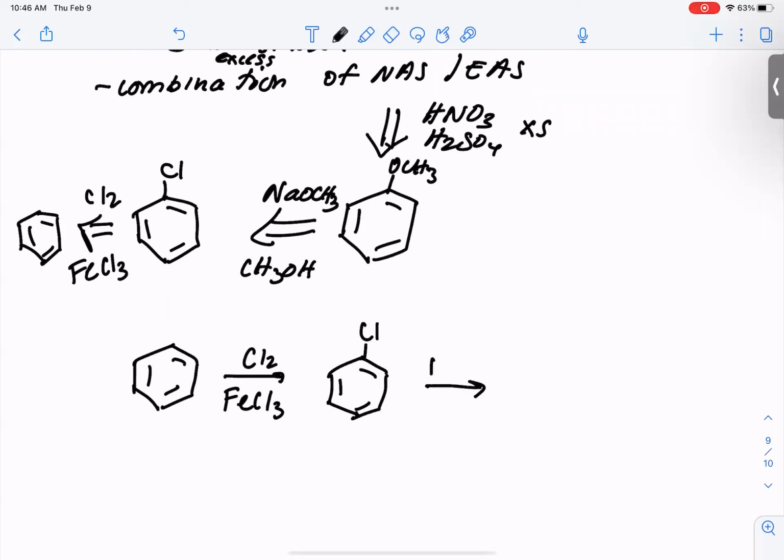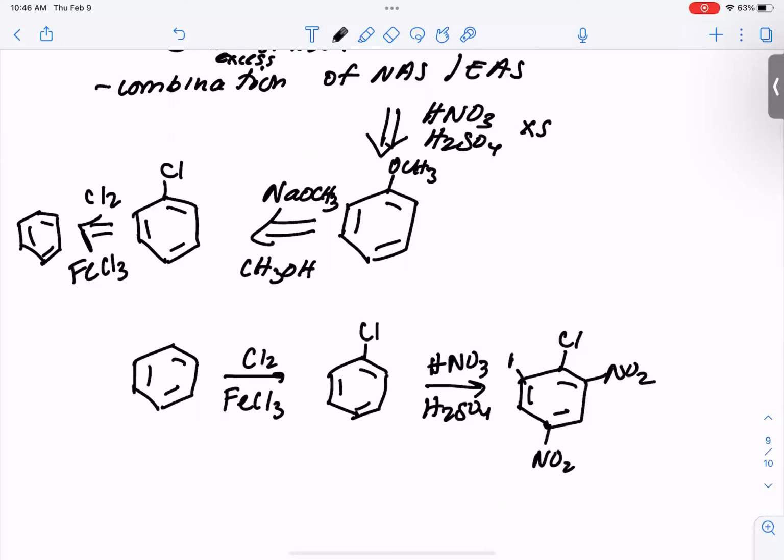Chlorinate, and then do the HNO3, H2SO4. Okay. I would accept this because I could understand in the context of what we've discussed that you could then just add the methanol, okay? And then you would think it goes by addition, elimination, because of those electron withdrawing groups.